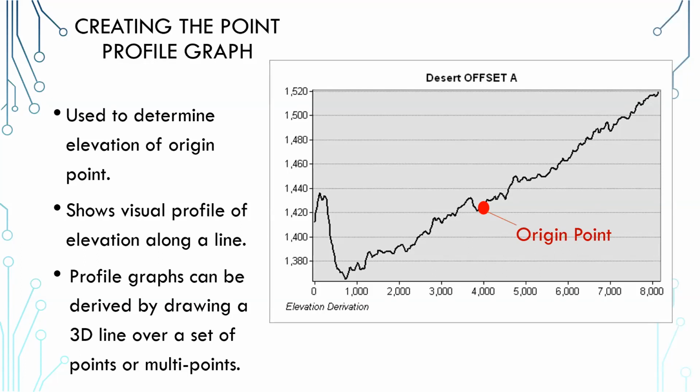Profiles help assess the changes in elevation or evaluate the feasibility of placing an origin point in a given area. So for this project, the origin point elevation was 1,439 meters, which is basically a median for the two ranges of the elevation in the tile itself.